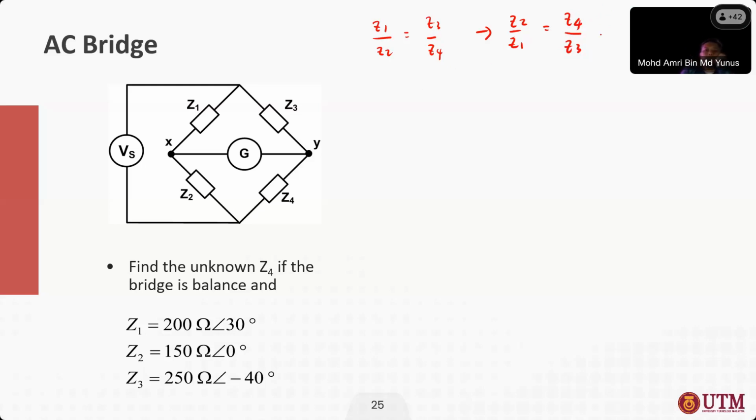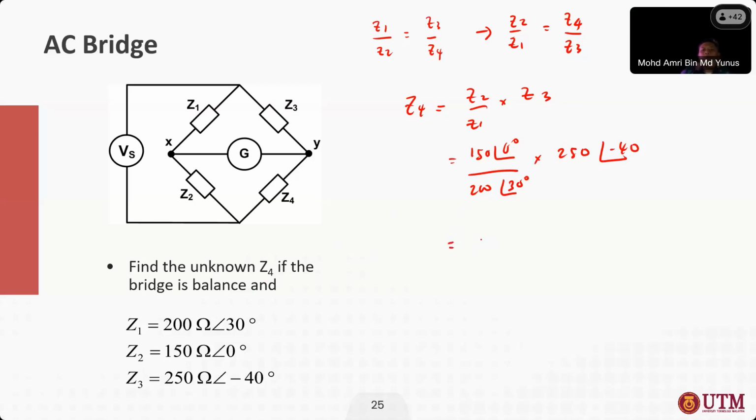So directly from the balance equation, we know that Z4 is equivalent to Z2 over Z1 multiplied with Z3. So therefore, if we have Z2 150 angle 0 divided by Z1 200 angle 30 multiplied with Z3 250 angle negative 40.